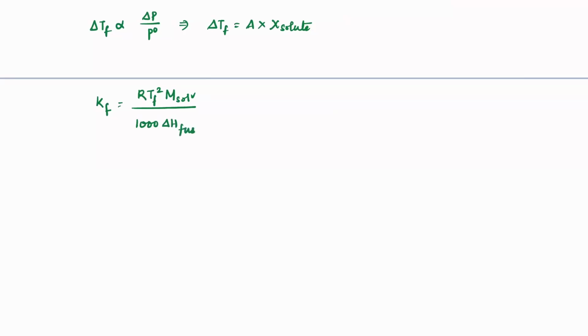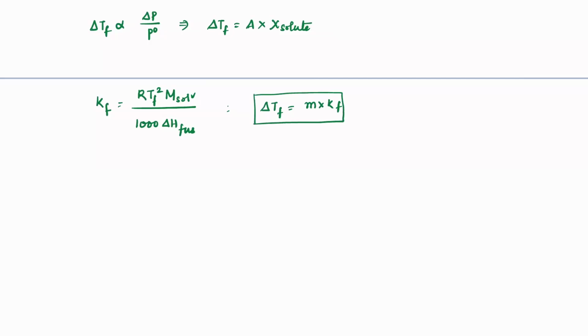Earlier it was vaporization, now it will be fusion. That's it. And delta TF will be equal to molality into Kf. So just like how you get the formula for elevation in boiling point, you will get a very similar formula for depression in freezing point, everybody.